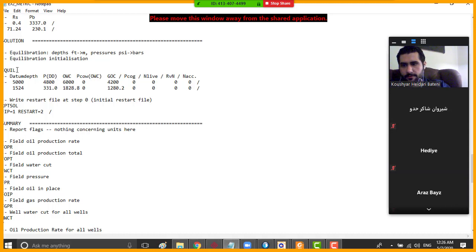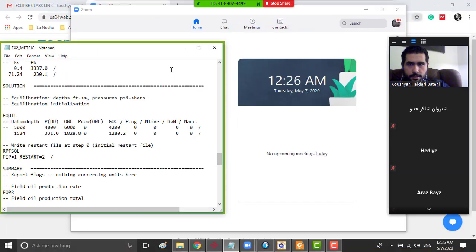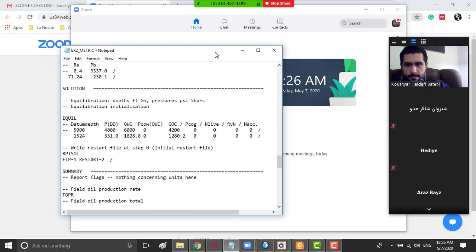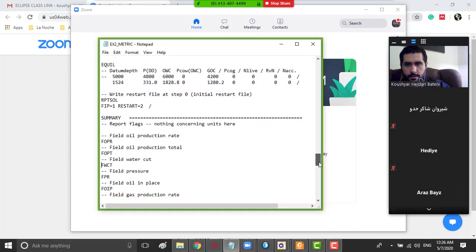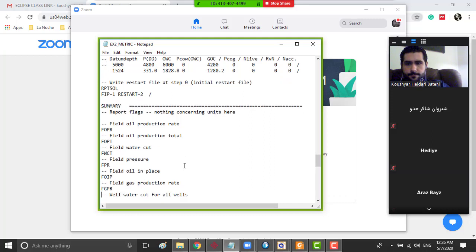FWCT, let me minimize this so you can see it clearly. FWCT stands for field water cut. FPR stands for field pressure, average field pressure. FOIP stands for field oil in place. FGPR stands for field gas production rate.